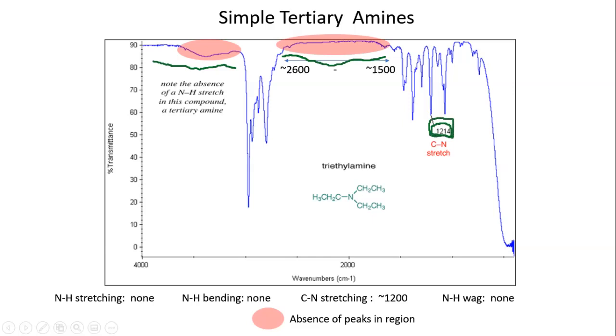And there will be no peak around 750. There's no peak here. This doesn't count. So the main thing is no peak here, no peak here. The only major peak is 1200. Now if you see a peak between 2600 and 1500, it's an indication that in this case it's not an amine.